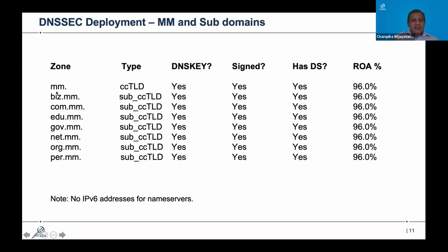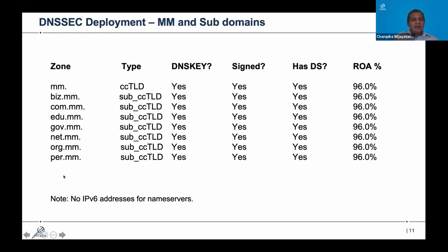So in Myanmar's case, the same name servers that are running .mm are also running the second level domains. So they have signed, which is really good. And also DNSKEY. They have all published the keys into the DNS. Also, importantly, they have propagated the DS records to their parent. Remember, we talked about the delegation signer record.